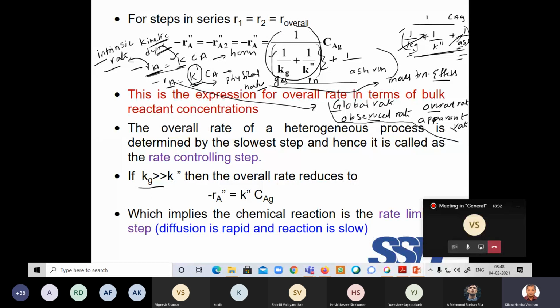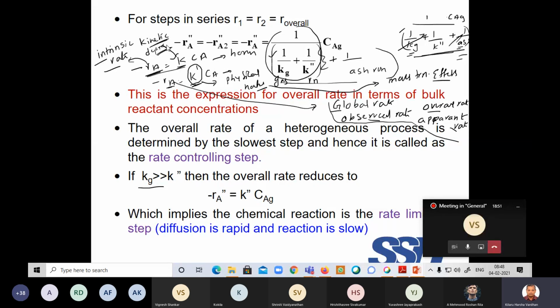So now you understood what is intrinsic rate and global rate. Remember that in intrinsic rate, there is no mass transfer. When there is mass transfer in the picture along with the reaction, then there will be a global rate, observed rate, overall rate, or apparent rate. Different books will give you different names.